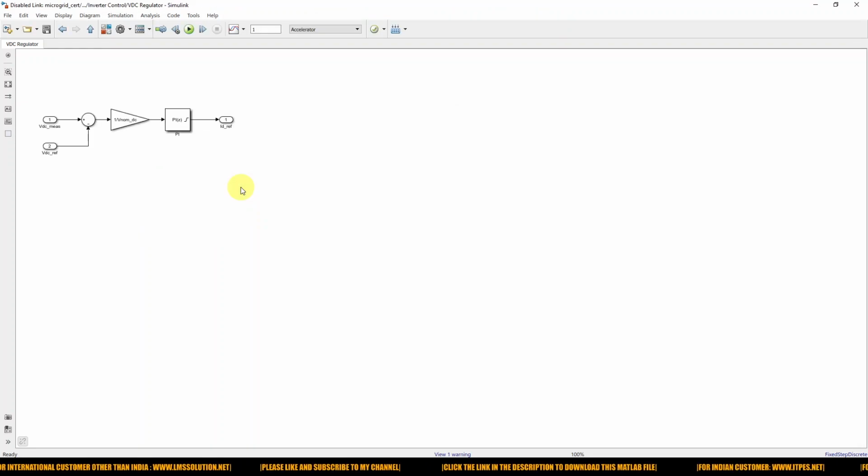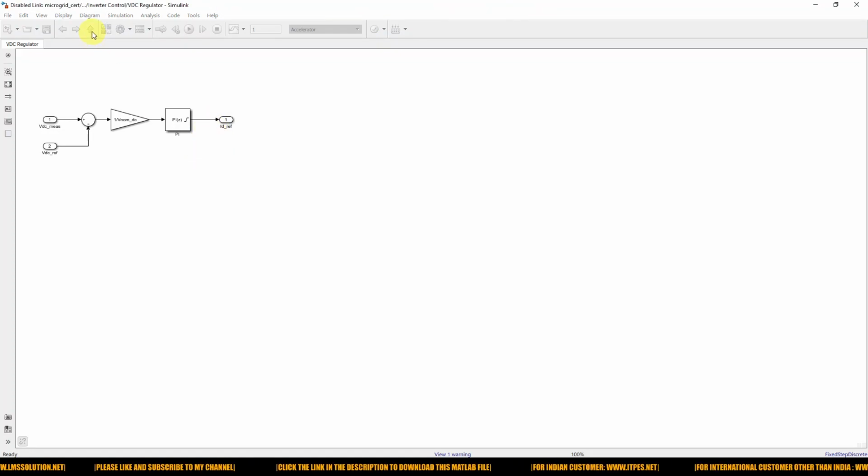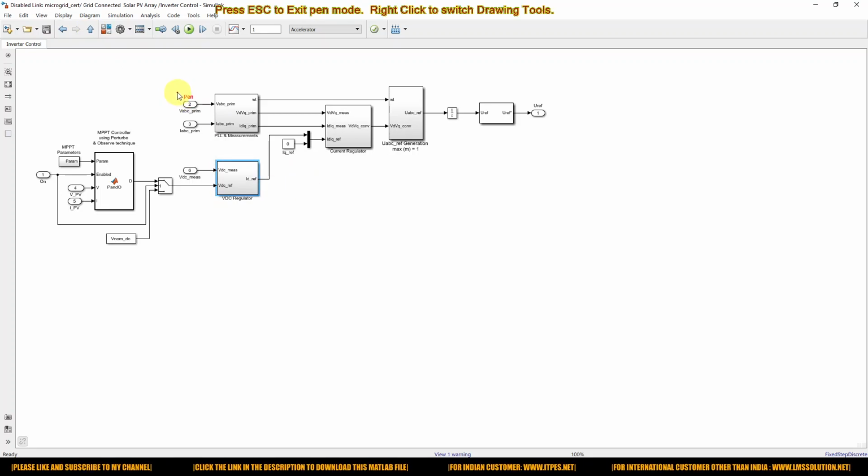Next, when we process it via the PI controller, the PI controller will provide the Id reference current. Next, you can see that the grid inverter voltage and current are converted into DQ form by using ABC to DQ, and we also use a PLL to generate omega t.